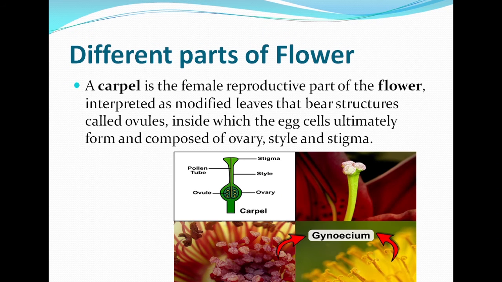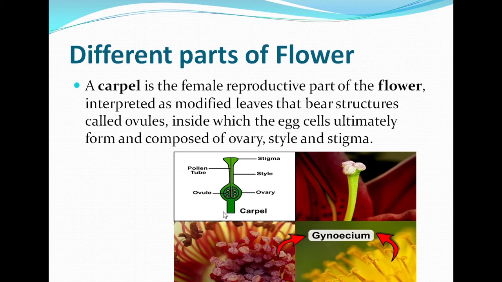Now, carpel. A carpel is the female reproductive part of the flower, interpreted as modified leaves that bear structures called ovules, inside which the egg cells ultimately form, and is composed of ovary, style, and stigma.